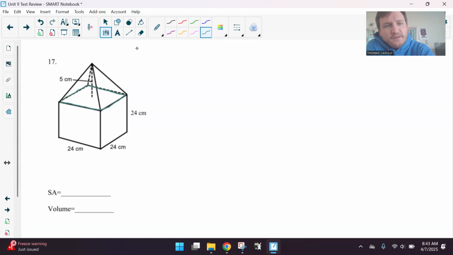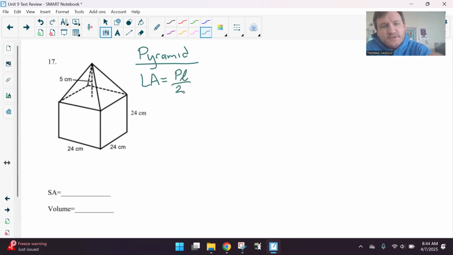The lateral area of a pyramid is equal to the perimeter of the base times cursive L, our slant height, divided by 2.